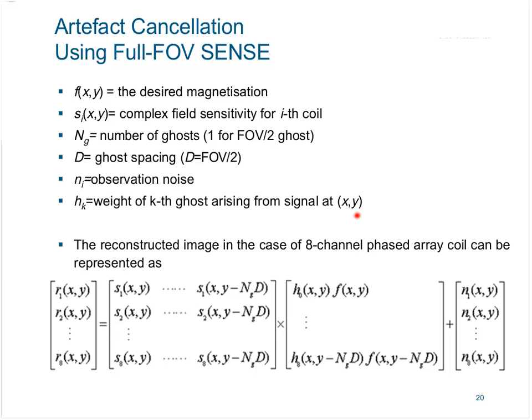So if you compare this set of equations with the standard SENSE equation, you can observe that it is not applied to the half field of view. It is applied to the complete image, to the full field of view. So you have just taken the basic equation of SENSE and applied it to the complete field of view image.